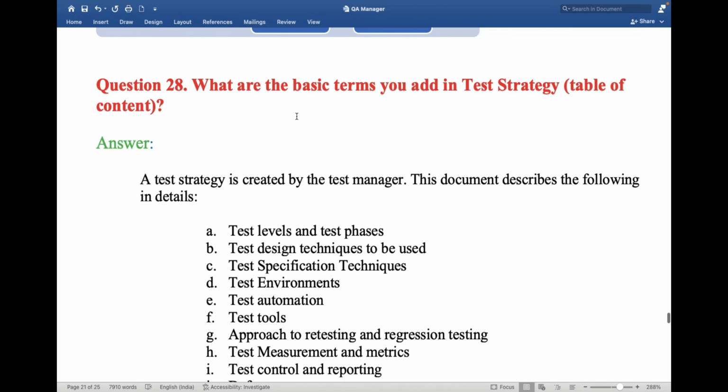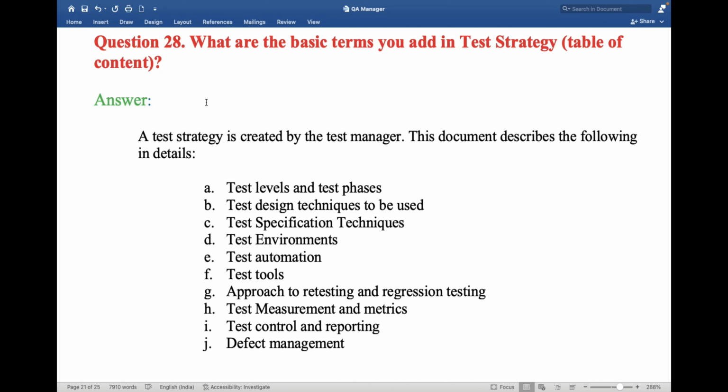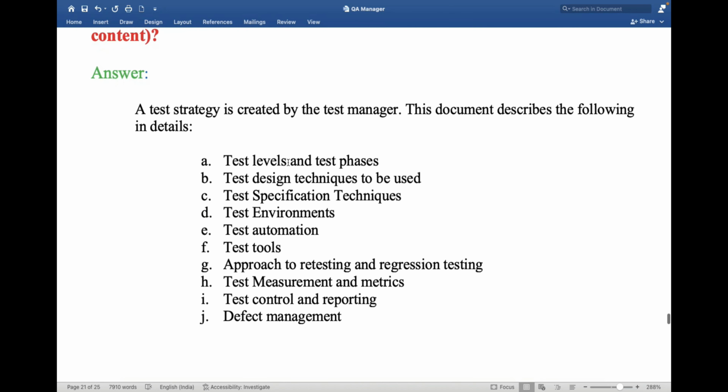What are the basic terms you add in test strategy table of content? Friends, this is a very important question. So you must have to explain like this. A test strategy is basically created by the test manager. This document describes the following in detail. First, test levels and test phases. Second, test design technique to be used. Third, test specification techniques.